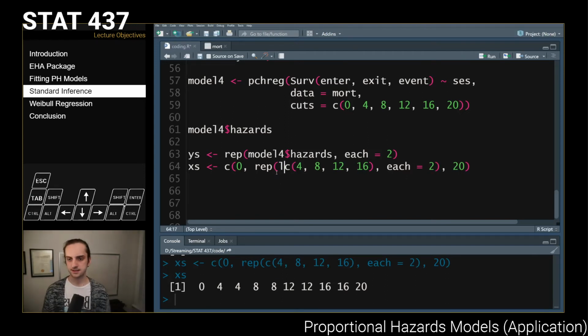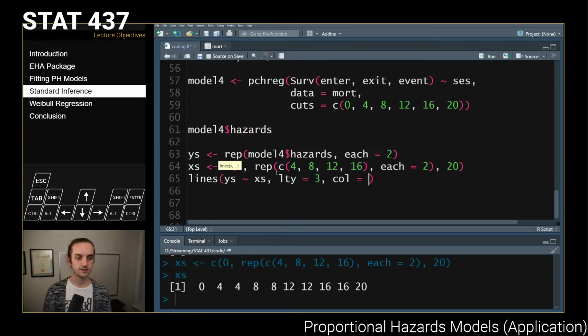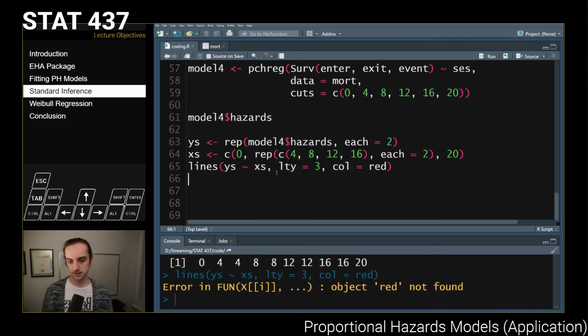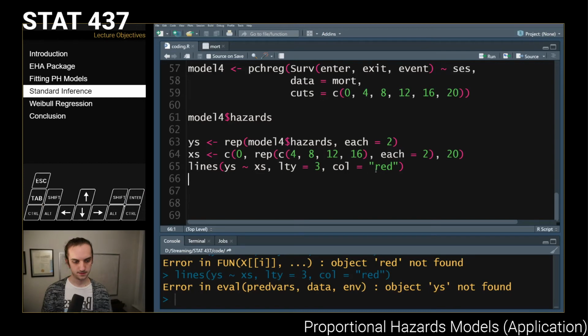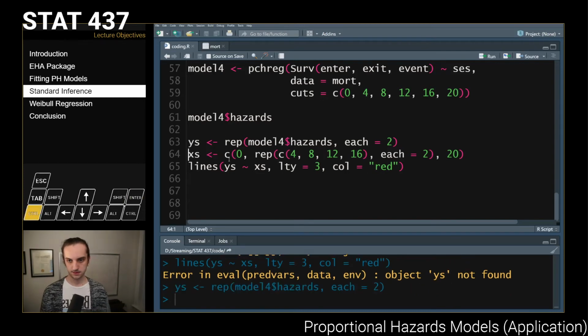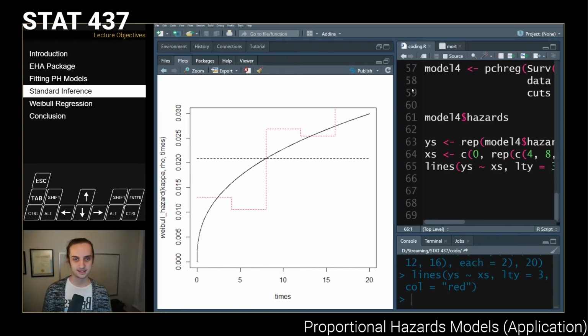And if I just add these lines with our y's by our x's with line type equals 3, and the color, let's say, is red, just to make it stand out. It should be a string there. Then you can see that we get this piecewise constant hazard plotted on here.